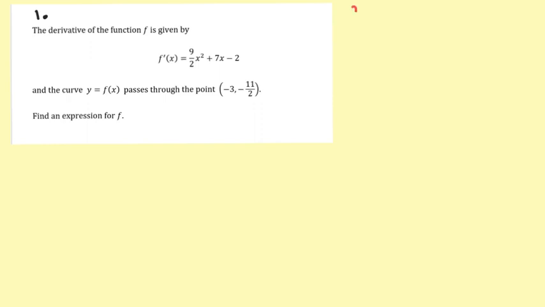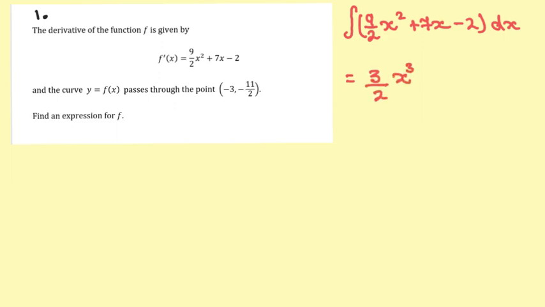So first thing we need to do is integrate 9 over 2 x squared plus 7x minus 2 dx, which is equal to 3 over 2 x cubed plus 7 over 2 x squared minus 2x plus c.